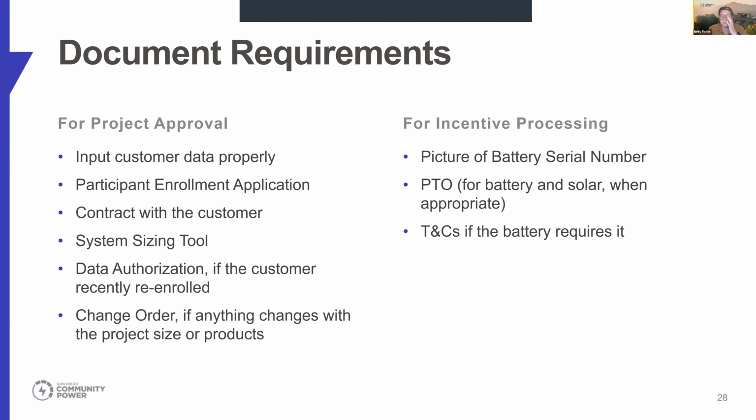So as I mentioned before, Tesla, Enphase, Panasonic, and Fortress do require T's and C's to be signed. And then once that has all been done, we will process that upfront incentive payment. And then the responsibilities are really shifted over to the battery manufacturer for making sure that the battery performance is getting submitted to us on a quarterly basis.